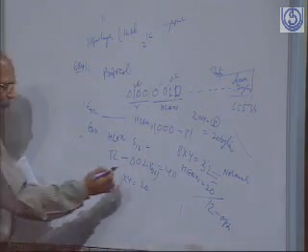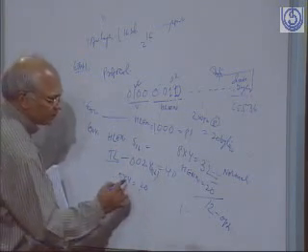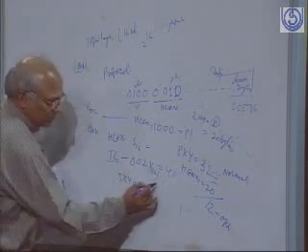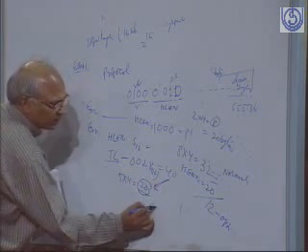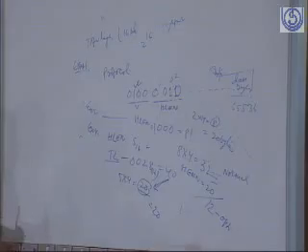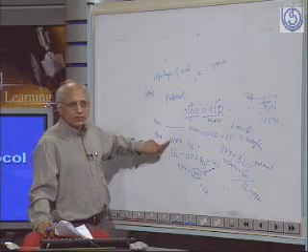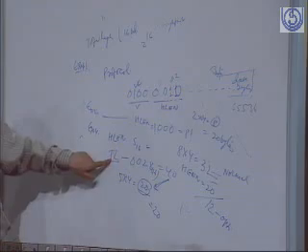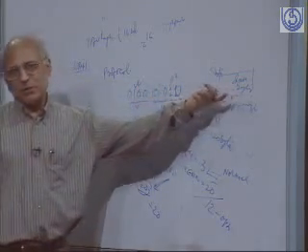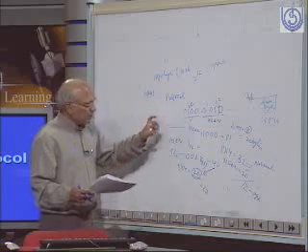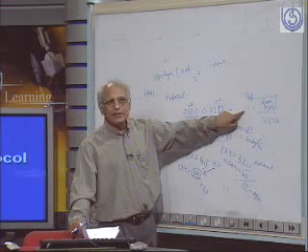So 40 bytes is your total length. The header field is 20. You just deduct this 20 from 40, and what you get is the data bytes. So given the header length and the total length, you can calculate the size of the data bytes. This is what we have calculated now. We have considered various options given in the binary sequence.